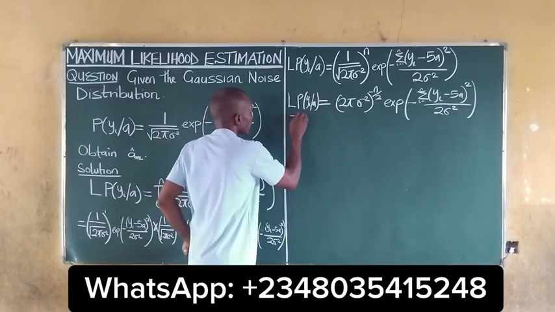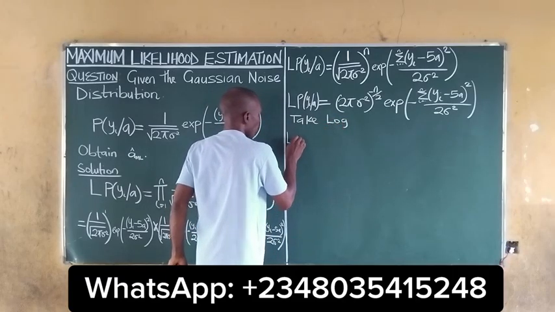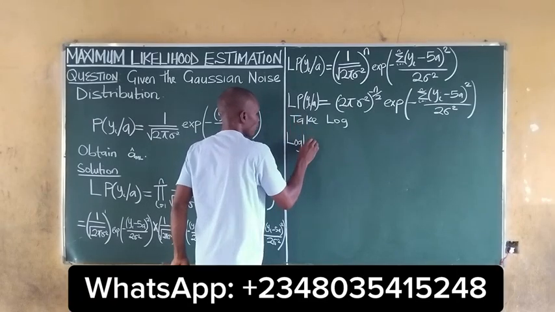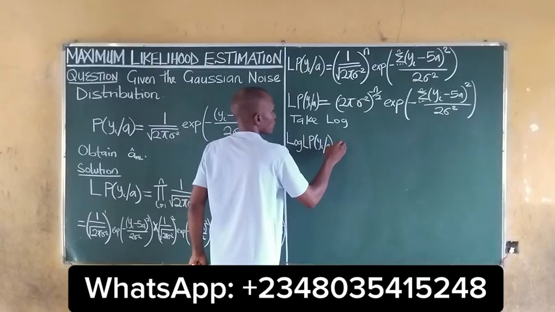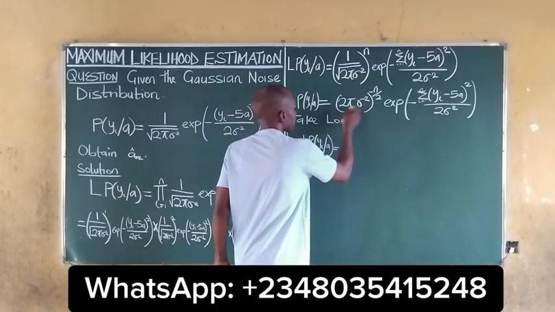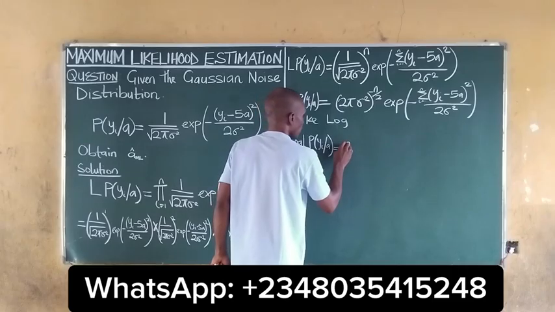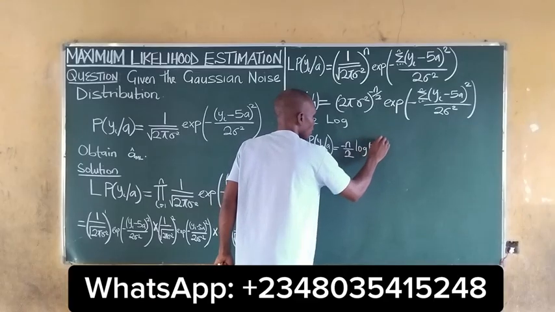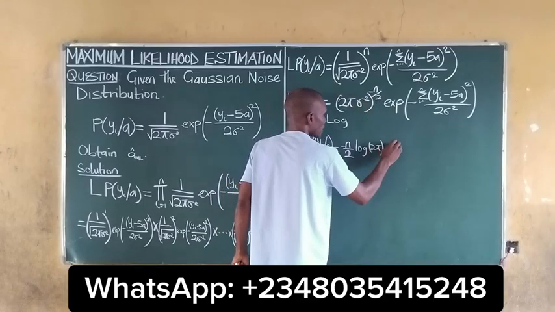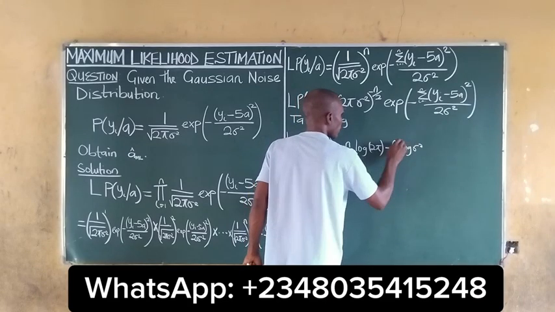So we take the log. It means we get the log of the likelihood function of the given distribution yi and a to be equal to, we can separate this as we are taking the log, negative n all over 2 log 2 pi, we take it one by one, and negative n all over 2 log sigma squared.